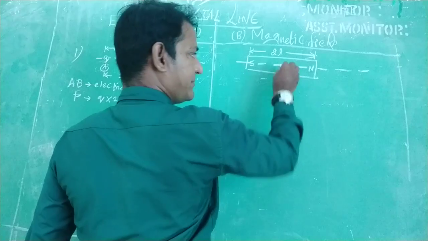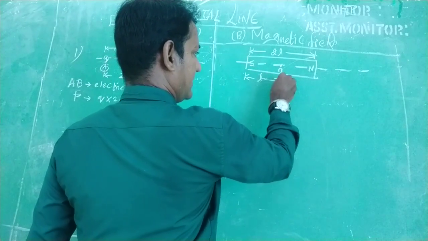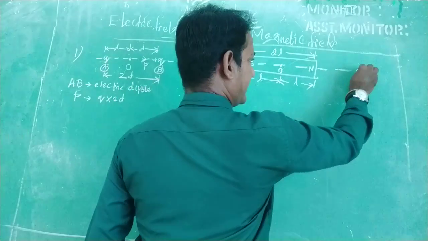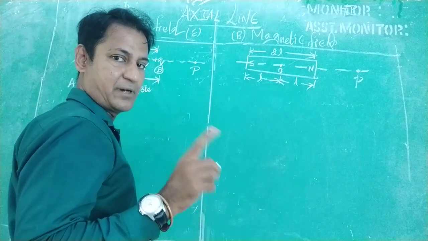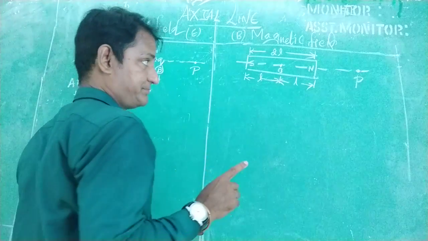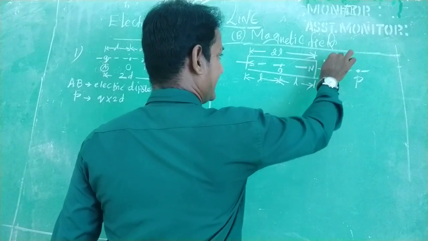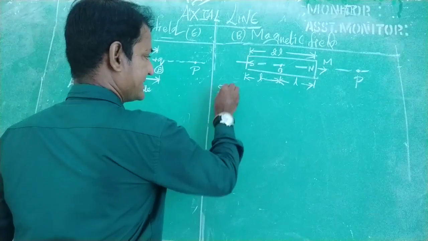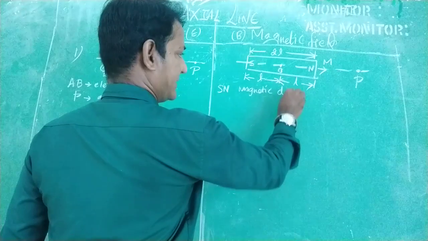If O is the midpoint of the bar magnet, then this is L and this one is L. I am going to take a point on the axial line, capital P, at which we are going to measure the magnetic field due to the north pole and south pole. And this is the direction of the magnetic dipole moment, capital M. So, SN is the magnetic dipole or the bar magnet.